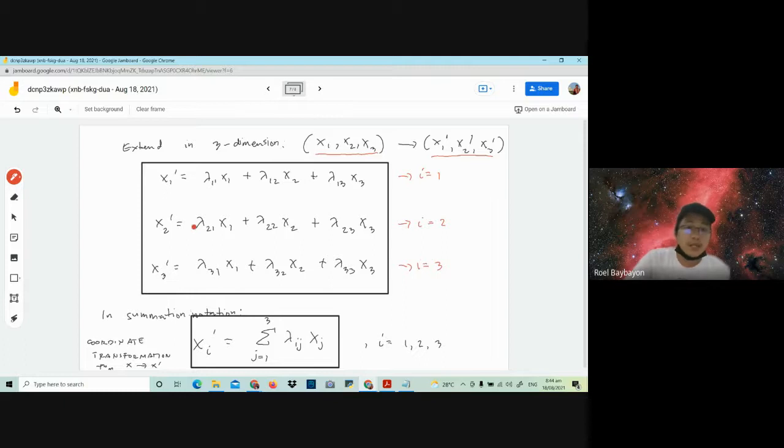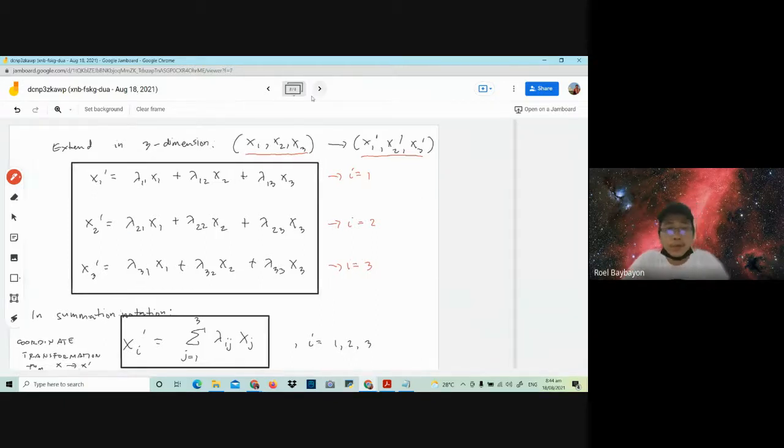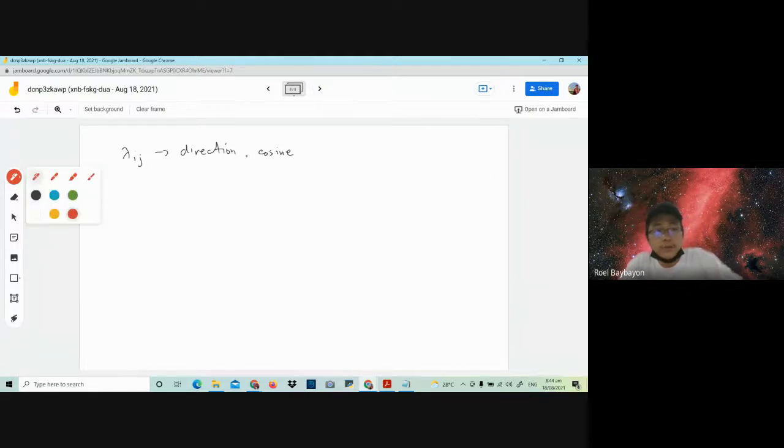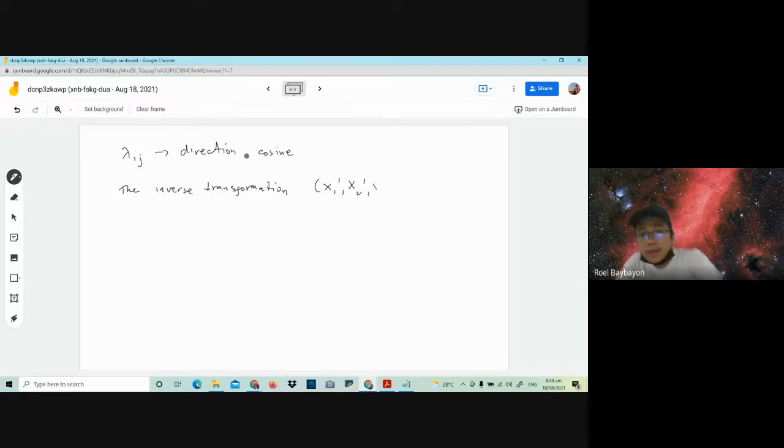Dapat tay another equation nga bali, no? We call this one the inverse transformation. The inverse transformation, meaning gikan ka sa prime, padulong ka sa unprime, no? Gikan from x1 prime, x2 prime, x3 prime, padulong ka sa x1, x2, x3. Gaya na, bali man to, no?